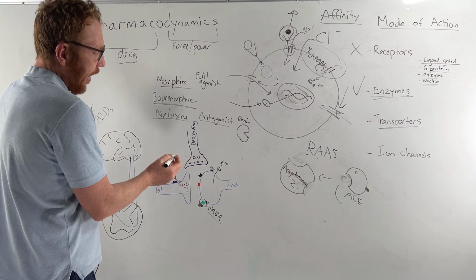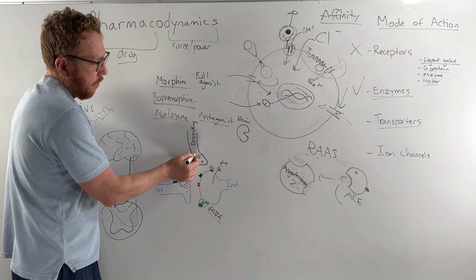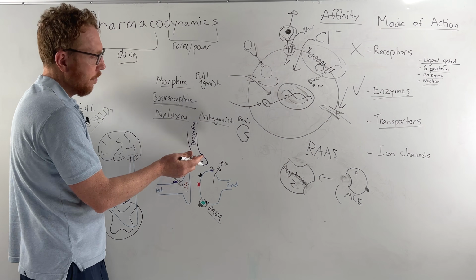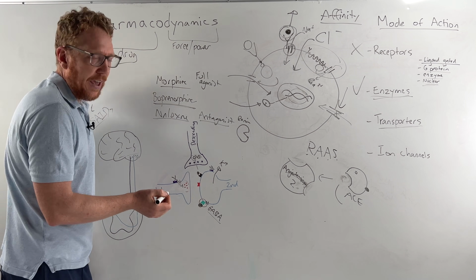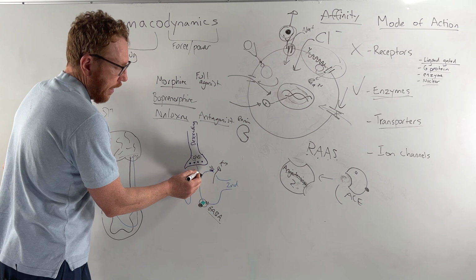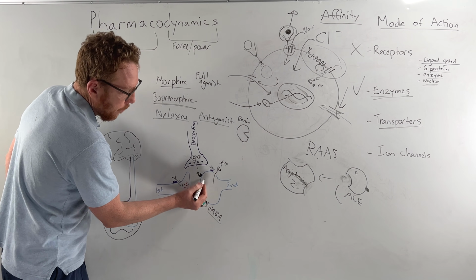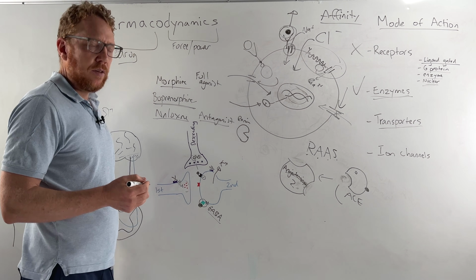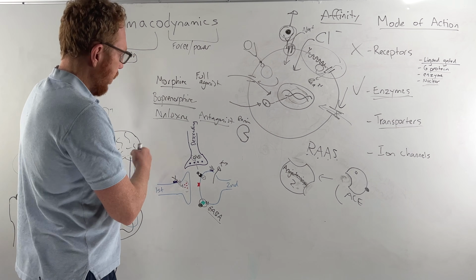So an example here would be serotonin. Serotonin, sent down as a modulation from the brain, can bind to its receptor, but its effect is actually that it's an inhibitory neurotransmitter. So unlike substance P and glutamate, it actually inhibits this neuron sending a signal up to the brain.